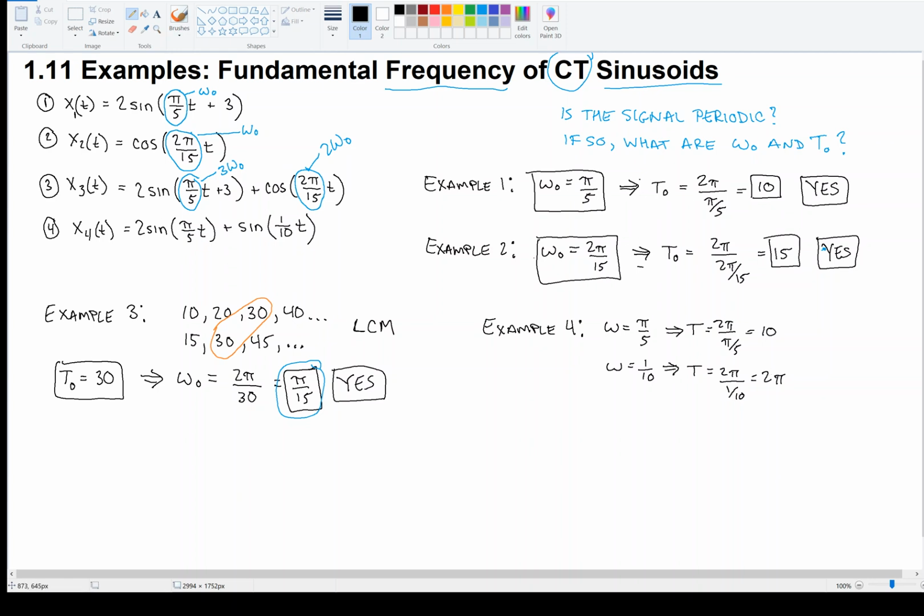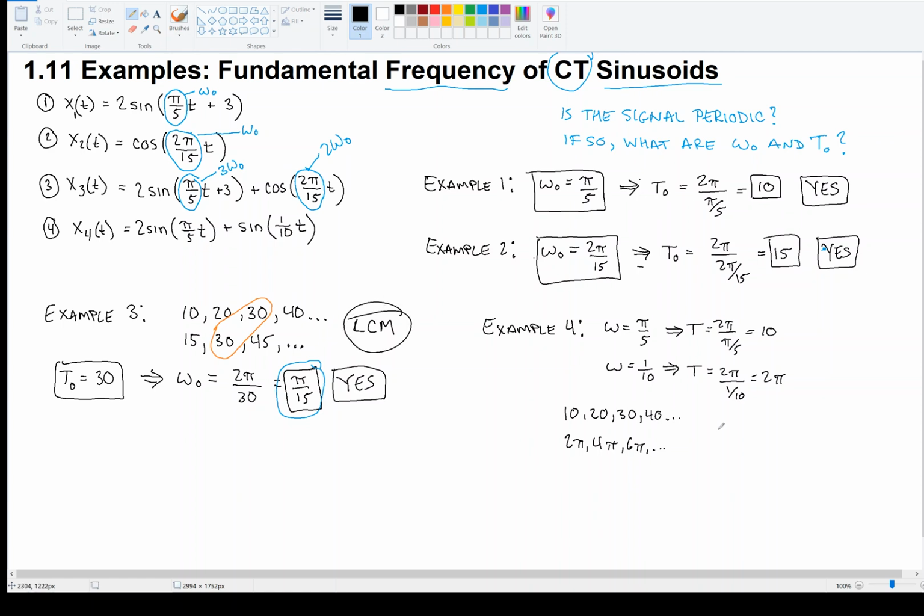When do they repeat together? Well, the first one repeats every 10, 20, 30, 40 units of time, right? And the second one repeats every 2 pi, 4 pi, 6 pi units of time. What is their least common multiple?